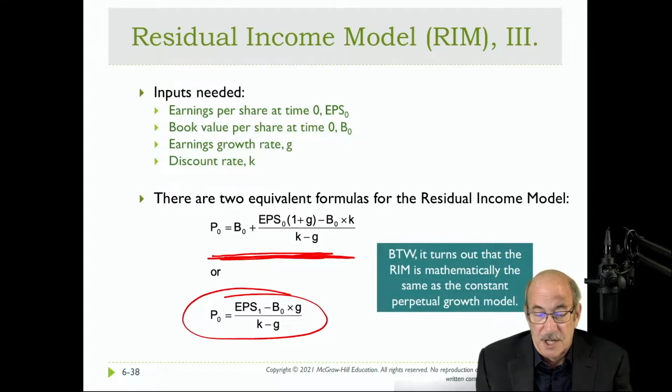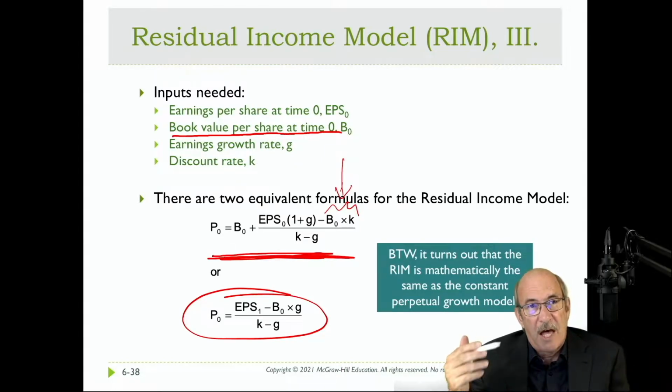What I like about the first formula, though, is this part right there, B sub 0 times K. Let's look at what B sub 0 is: book value per share at time 0, so that's the book value of equity at the beginning of the period.